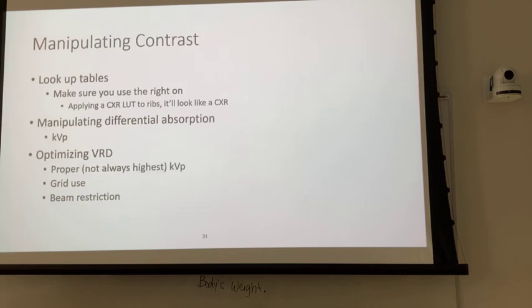You can also manipulate using differential absorption. With our computer algorithms now, you would probably have to use KVP levels outside of what your machine is capable of in order to truly see a dramatic difference between the two.